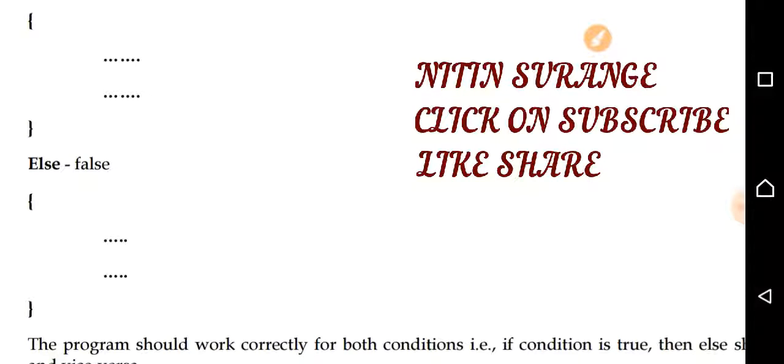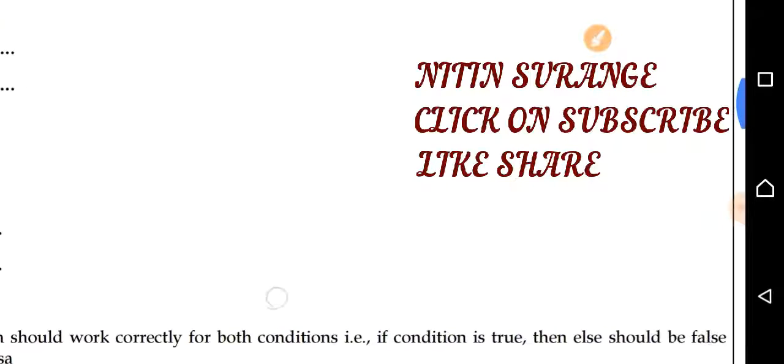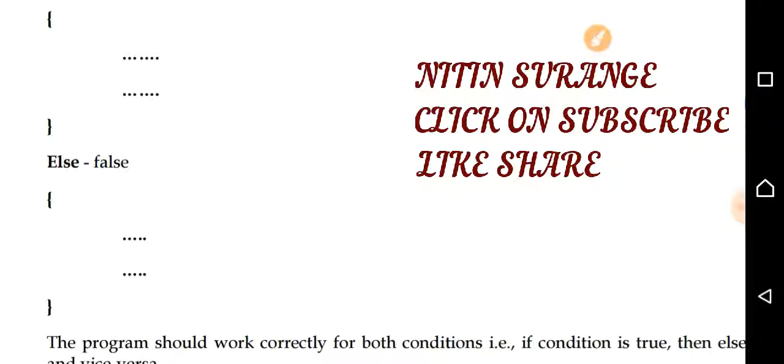Suppose the program has: if condition equals true, and whatever command you give in between works for the if condition, then it should work for else also. For true it should work, and for false it should work. The program should work correctly for both conditions.